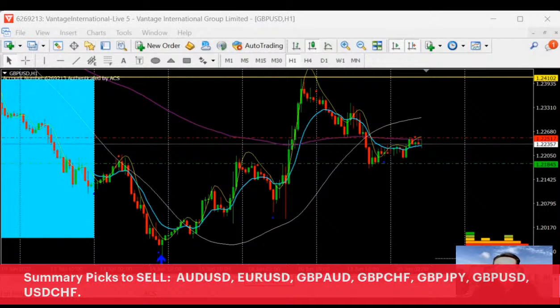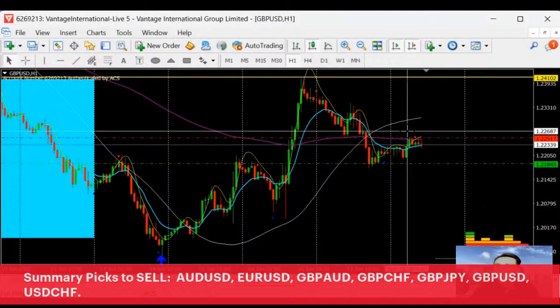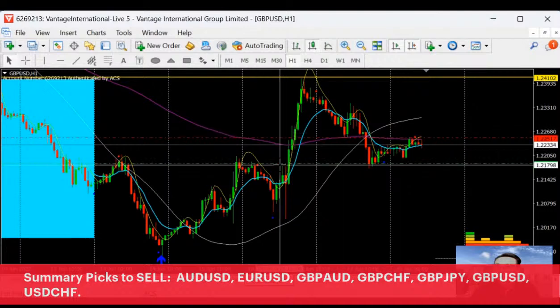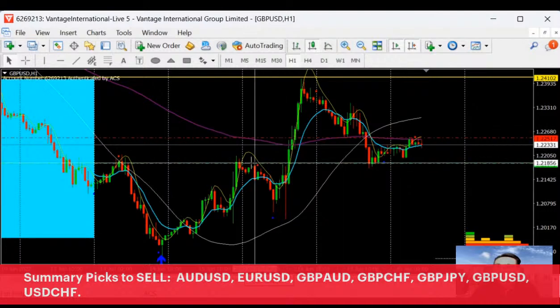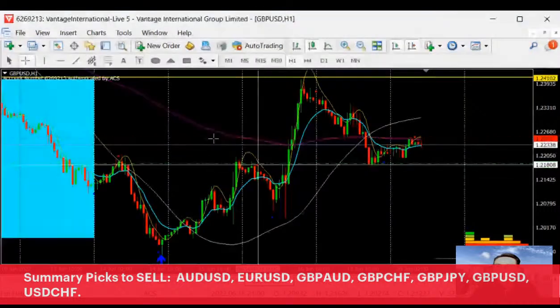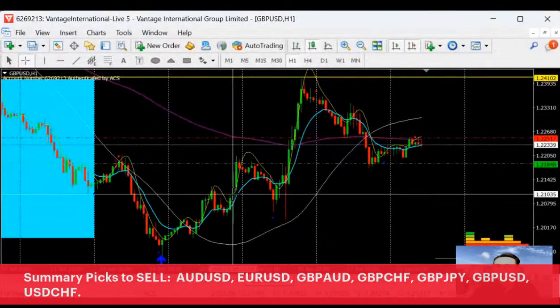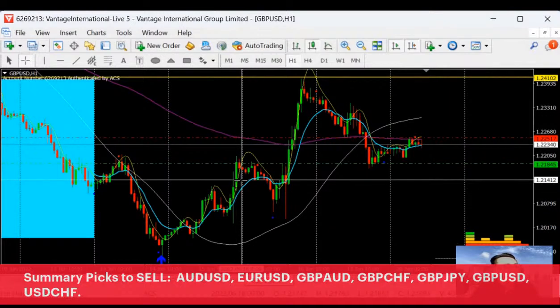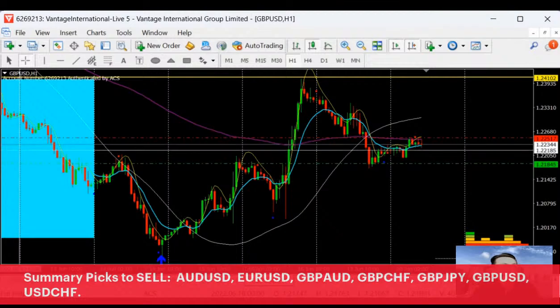Okay, so go to the 1 hour time frame. The key candle is on the 15th June.